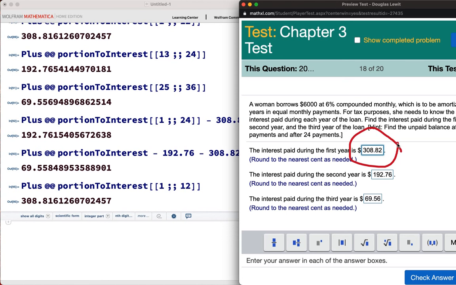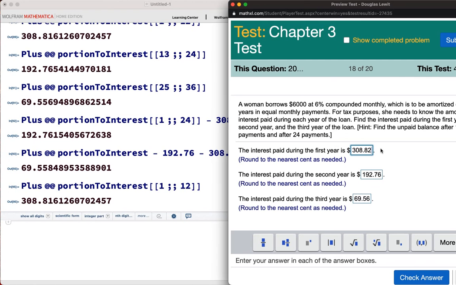It accepts these two answers, but for some reason it does not accept this answer, which is really weird because these two answers are actually based on that answer.